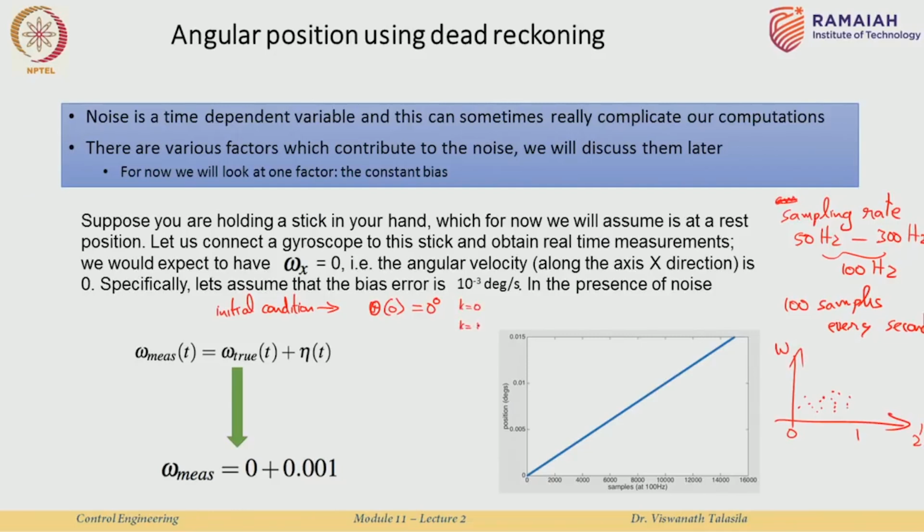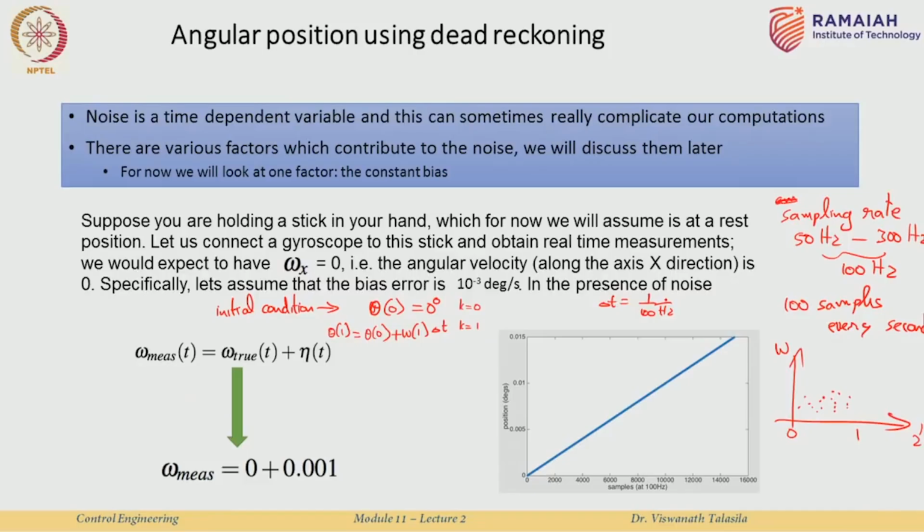Now let us see what happens when k equals 1. Theta of 1 is nothing but the previous angular position, which was theta of 0, plus omega of 1, the current angular velocity which is measured, times delta t. Whatever is the time interval you are taking, this delta t in our case will be equal to 1 over 100 hertz, because we are sampling at that rate.